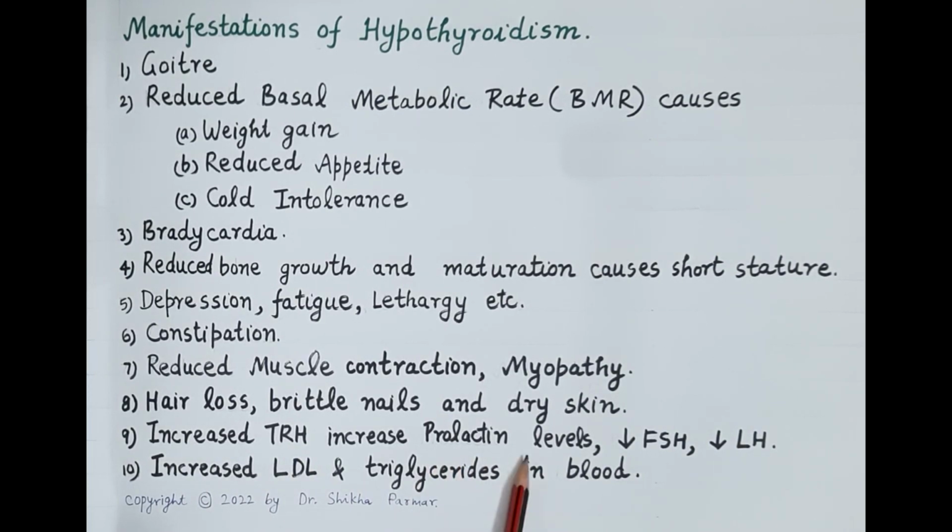Now high prolactin levels inhibit the secretion of follicle stimulating hormone, that is FSH, and also reduce secretion of LH, that is luteinizing hormone. Now reduced FSH and reduced LH reduces ovulation and spermatogenesis, causing infertility. So infertility is also one of the manifestations of hypothyroidism.